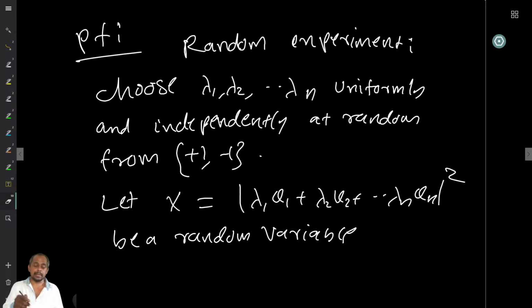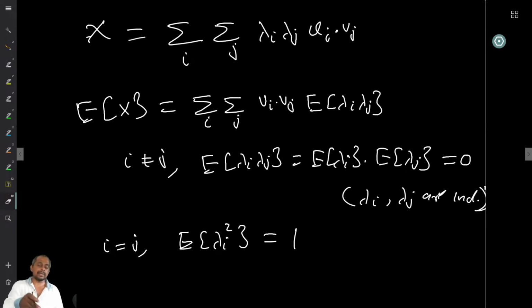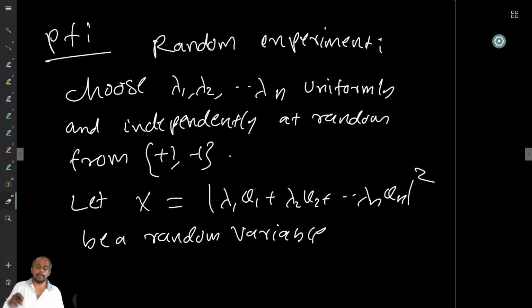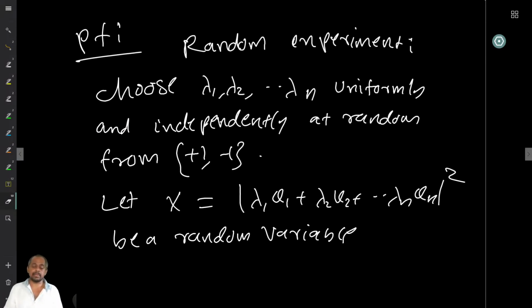In vector form, you can write this as the product of vi and vj, summed over i and j.